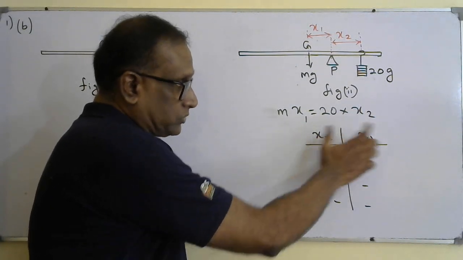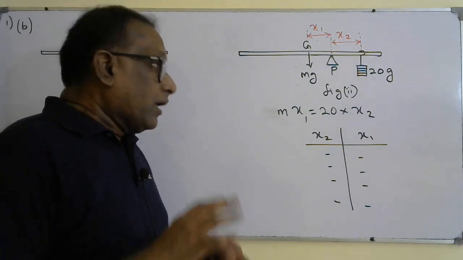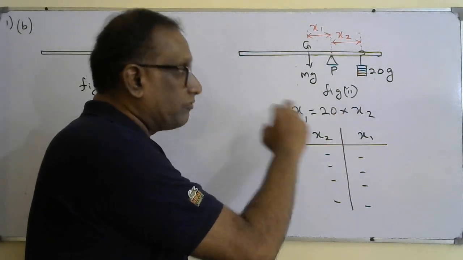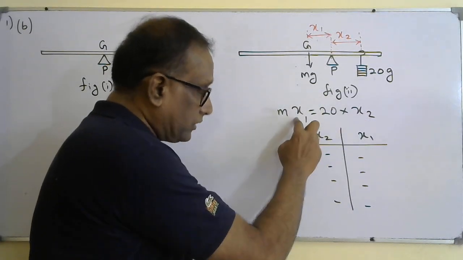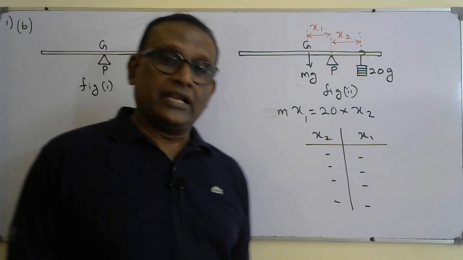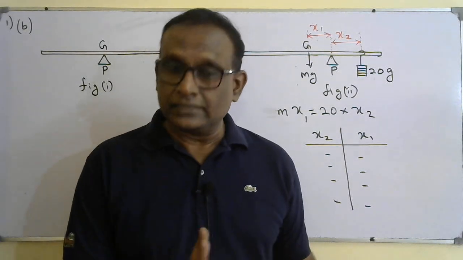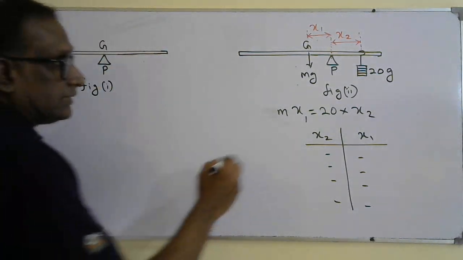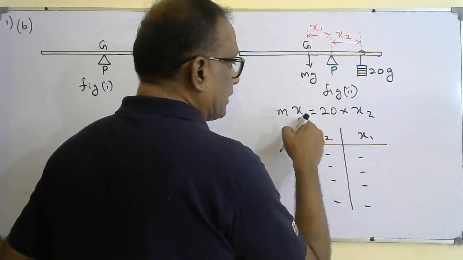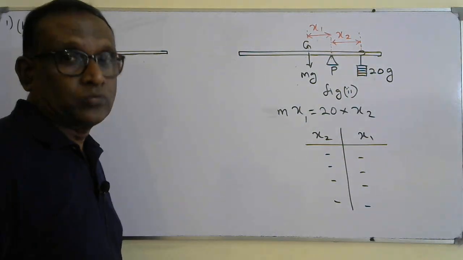Or, for each value of x2 you get an x1 value, calculate the m value, then find the mean value of m. If you are plotting a graph, x2 is the independent variable and x1, the dependent variable, should be on the y-axis.